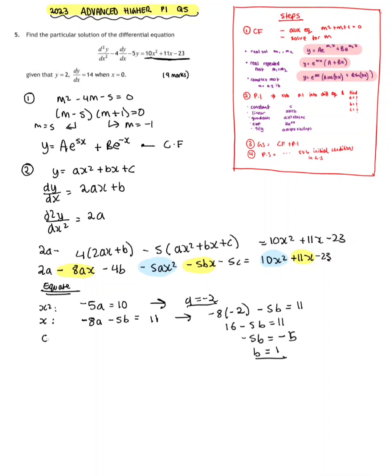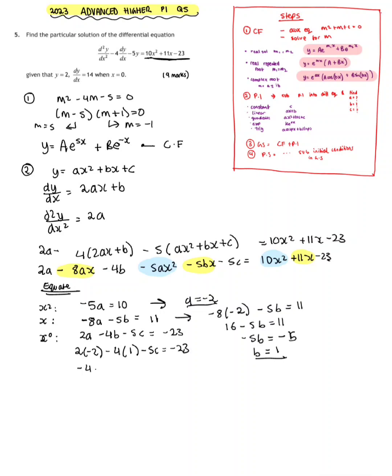Now we'll finally equate our x to the power of 0 values. And for that we'll have 2a minus 4b minus 5c equals minus 23. So substituting our a and b values into it will give us 2 times minus 2 minus 4 times 1 minus 5c equals minus 23.